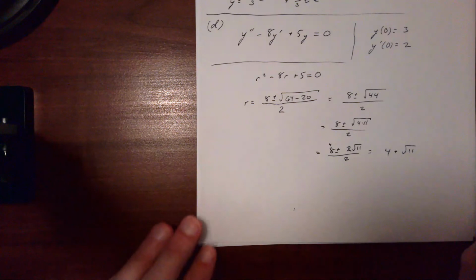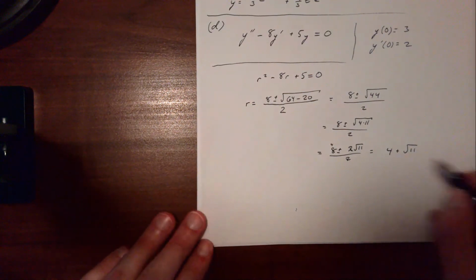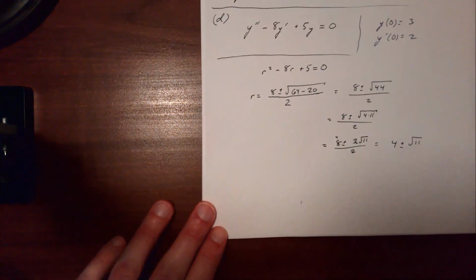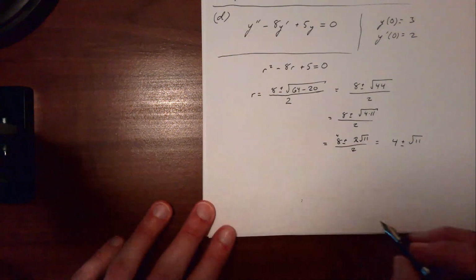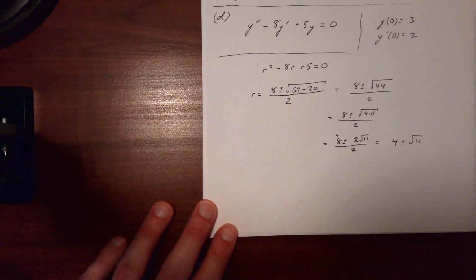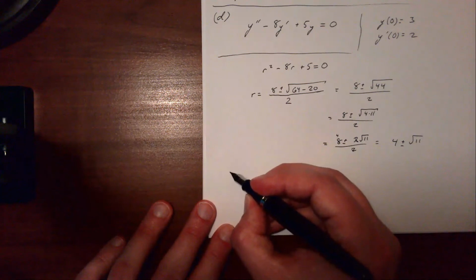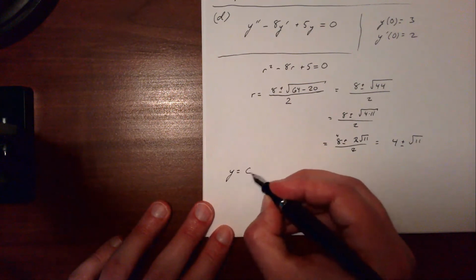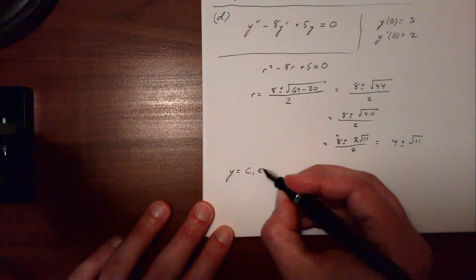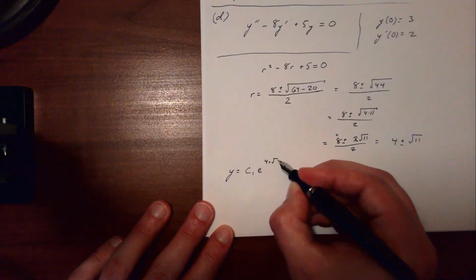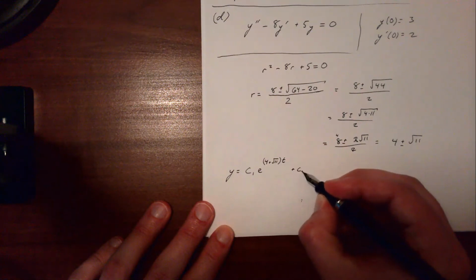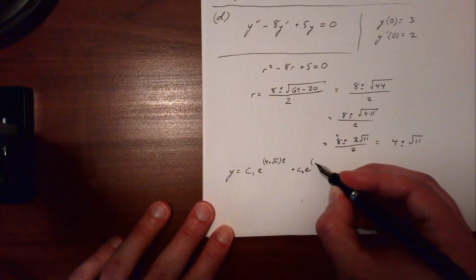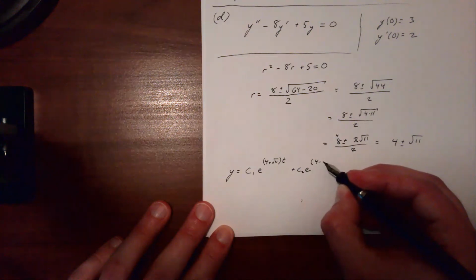Well, great. So that's where things stand. That is what we get as the solutions to this equation. So be it. And then we just have to now see where that takes us. So y equals c1 e to the (4 plus root 11)t plus c2 times e to the (4 minus root 11)t.